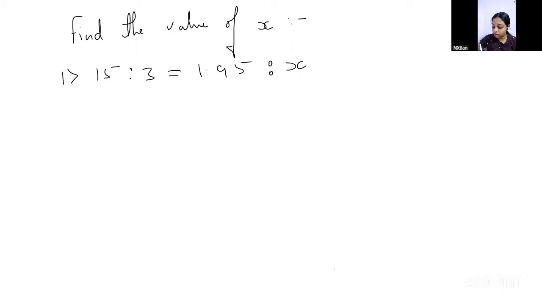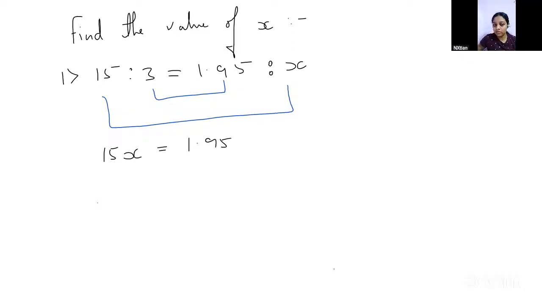Now I told you that you have to take the product of the extremes and the mean terms. The extremes means the outside terms, and the means are the terms in the middle. So put them together. 15 and x becomes 15x equals 1.95 into 13.